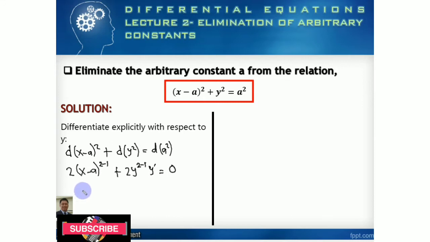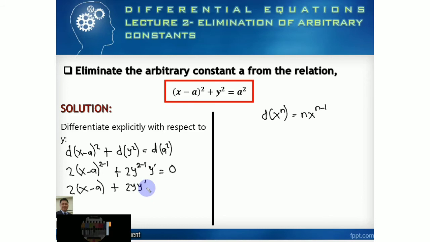I hope you can still remember your calculus with regards to differentiation. If you can still recall, the derivative of x to the n is just equal to n times x to the n minus 1. So from here, this would be 2 times (x minus a) times 1, plus 2y y prime is equal to 0.